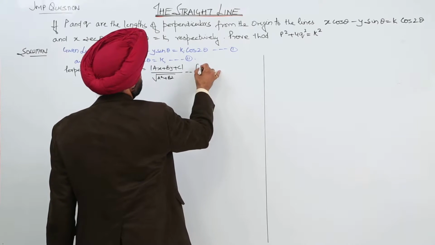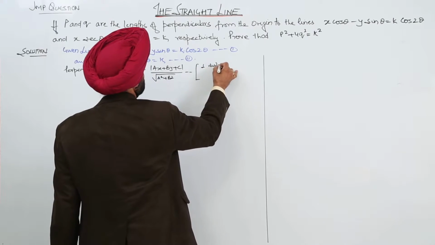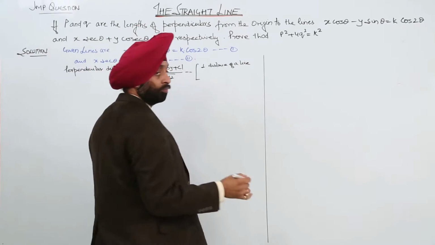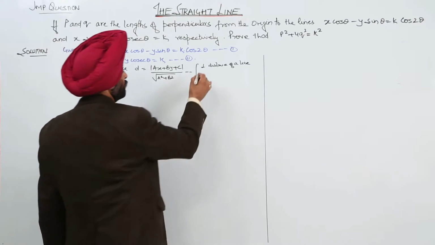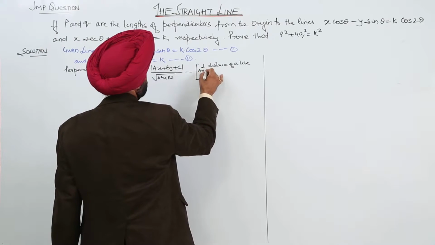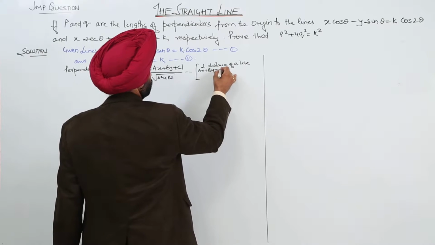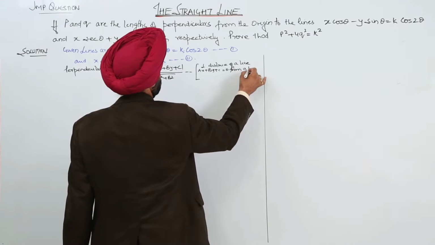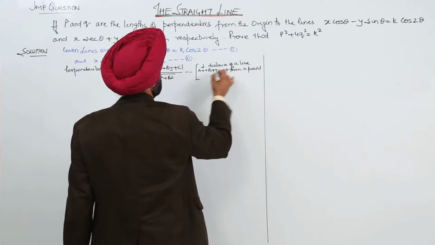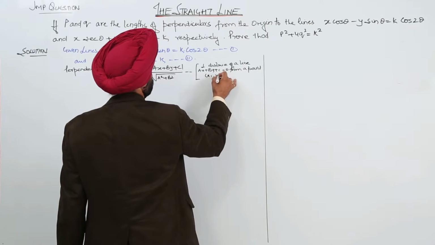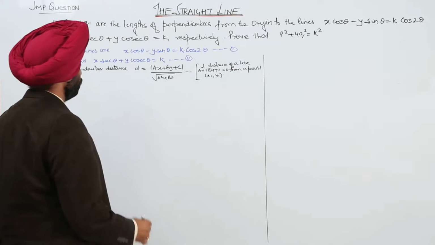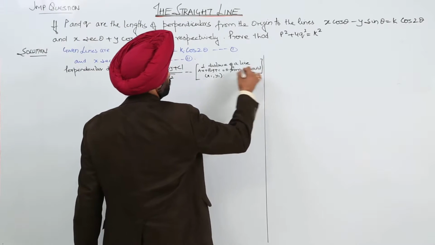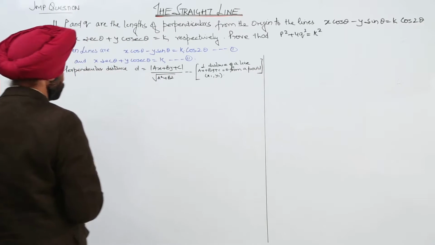This is the perpendicular distance of a line in the general form ax plus by plus c is equal to 0 from a point x1, y1. We have already done it, that is why I have just given this as a reason for this problem.